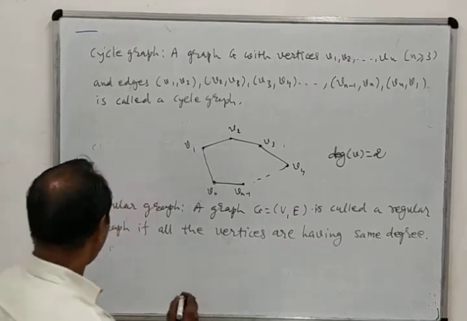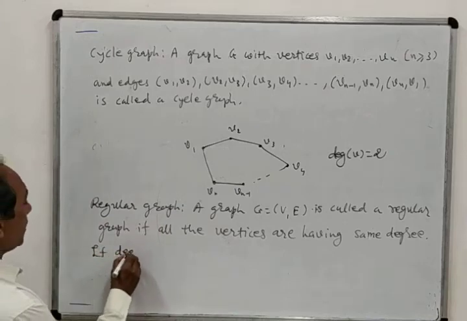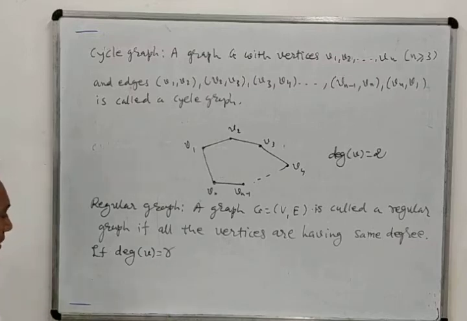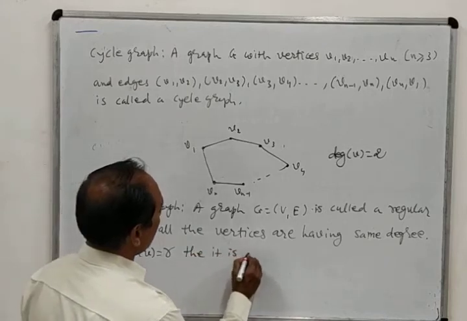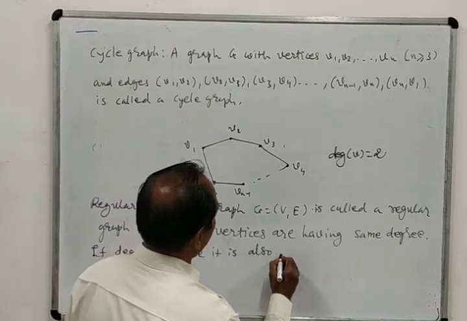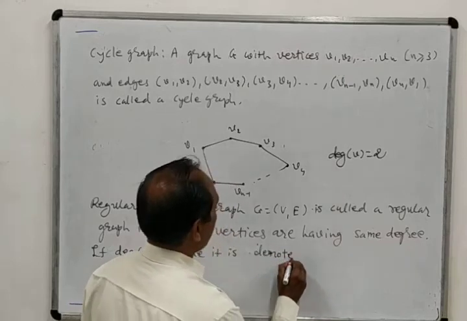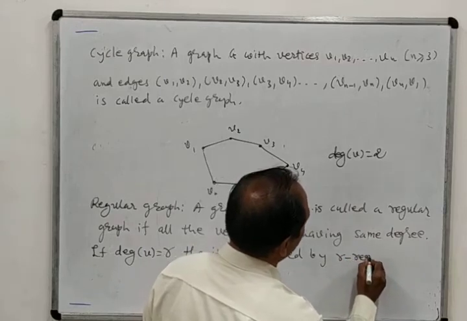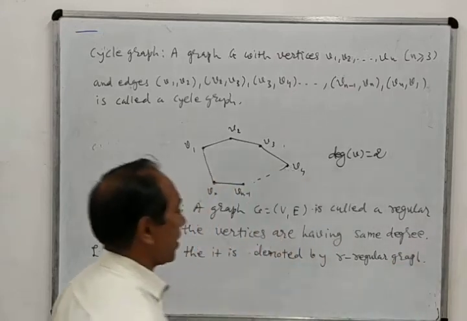Suppose the degree of each vertex is the same, say R. If the degree of each vertex is R, then it is denoted as an R regular graph.